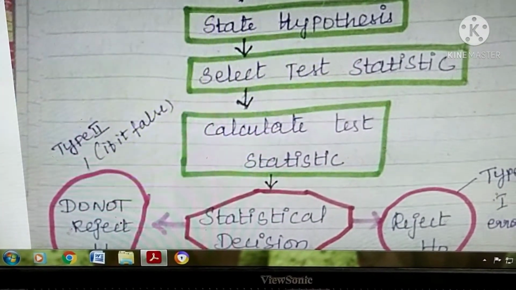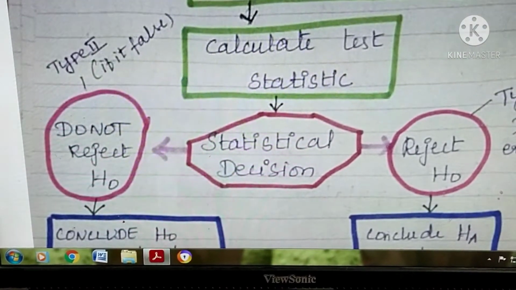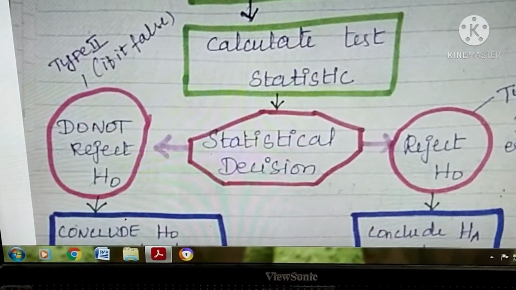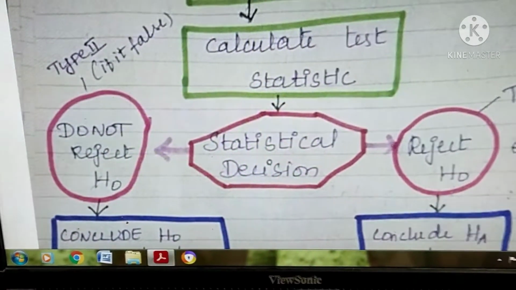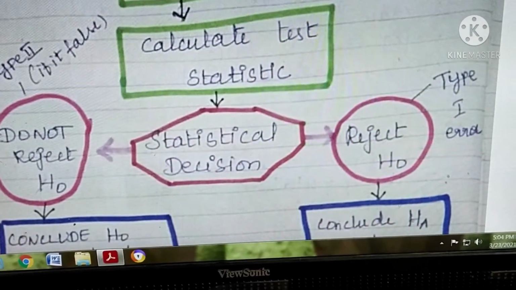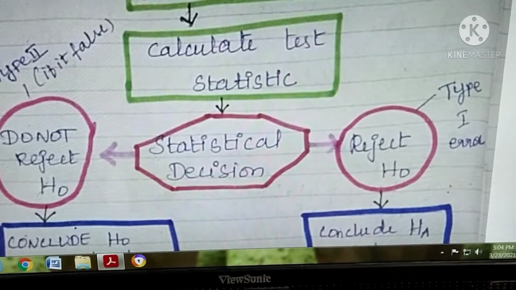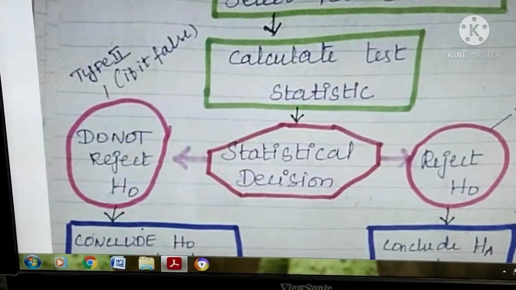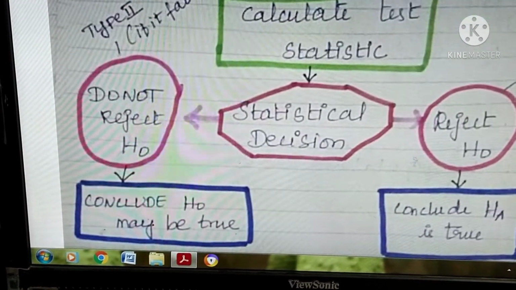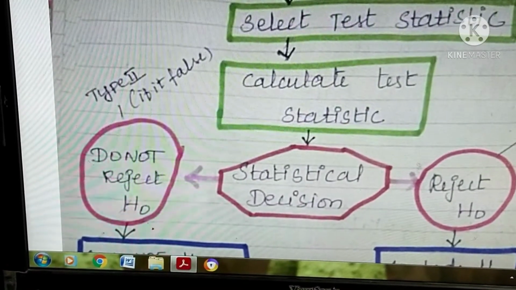After calculating the test statistics, we come to the statistical decision, whether we should reject the null hypothesis, which is H0. If we are rejecting the null hypothesis, we should be accepting the alternate hypothesis. If you are not rejecting the null hypothesis, we conclude that the null hypothesis may be true.